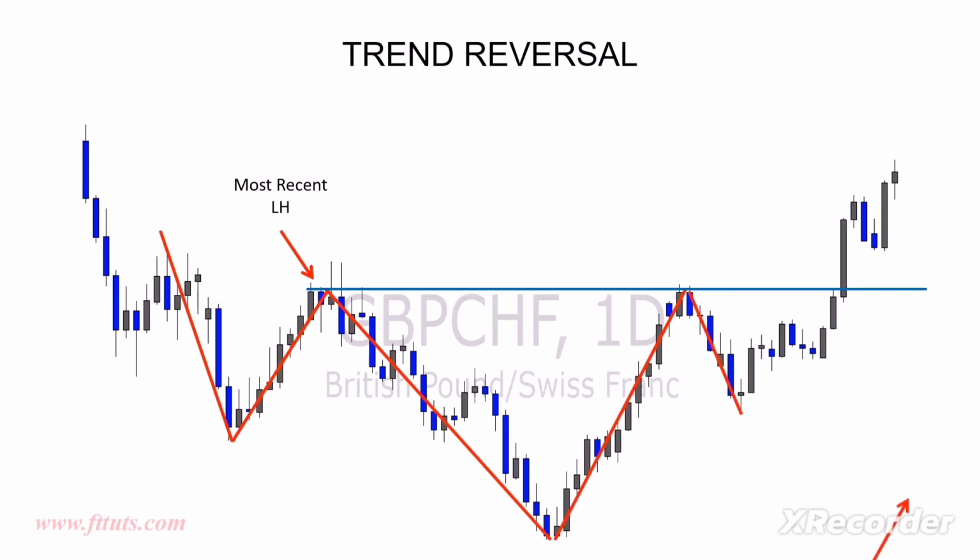Price drops and now pushes all the way through that resistance level, turning it into support. And in this example, we don't get a retest, but we do get a pullback. Price does form a distinct swing low, which makes a new higher low.